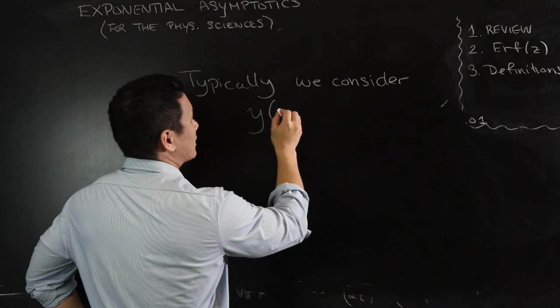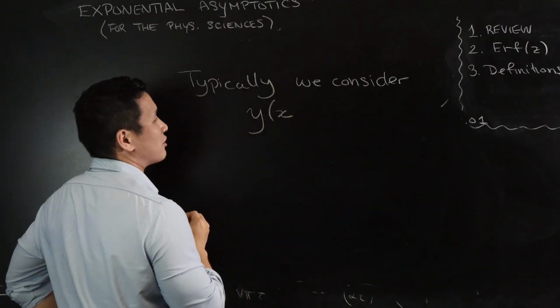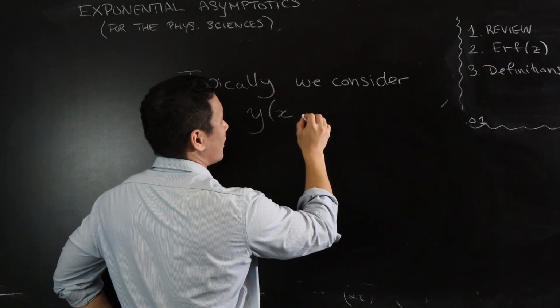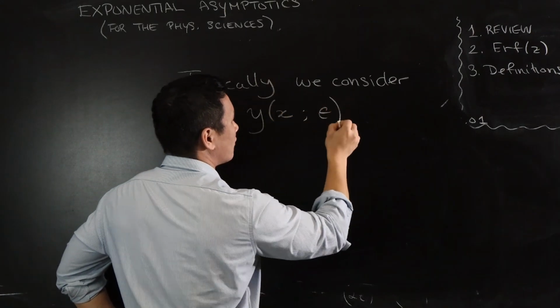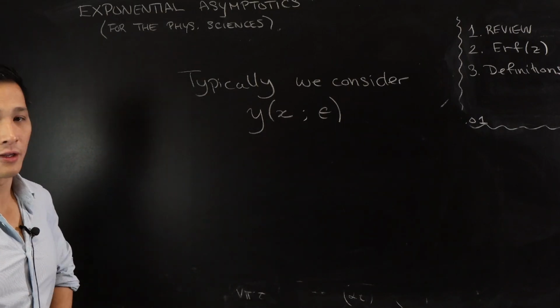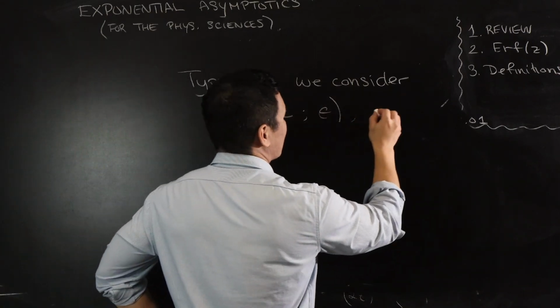So they typically will depend upon a domain variable x and then a small parameter I'll call epsilon, separated by a semicolon here, and typically epsilon tending to 0.